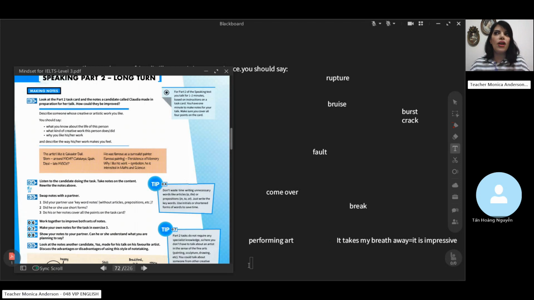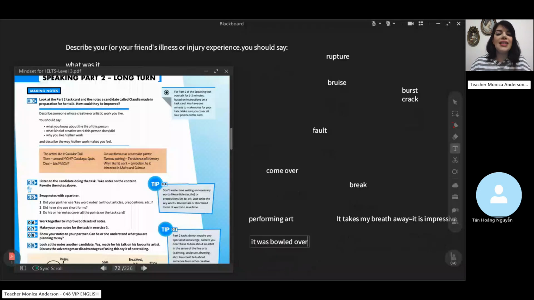Once I saw one of her performances, and I was bowled over, really impressed. Or you can say it blew my mind. When something is amazing. These two are better, okay?